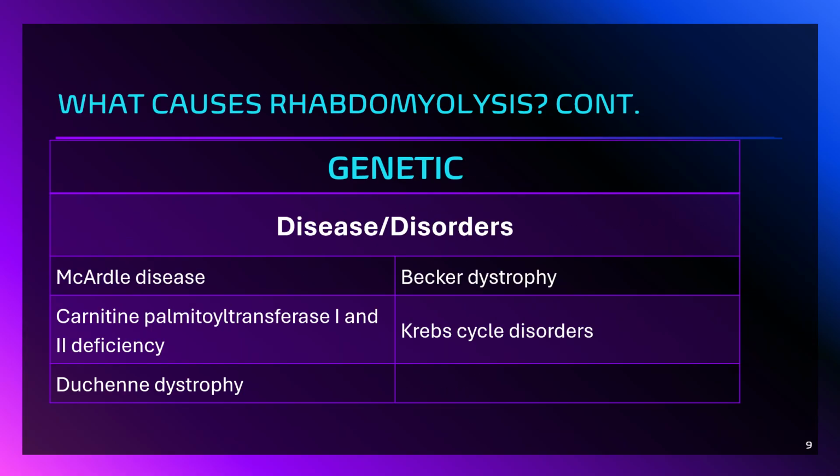Lastly, genetic disorders include enzyme deficiency and myopathies, resulting in insufficient delivery of ATP. In addition to disorders of glycolysis or glycogenolysis, disorders of lipid metabolism, muscular dystrophies, and other genetic conditions can lead to rhabdomyolysis.